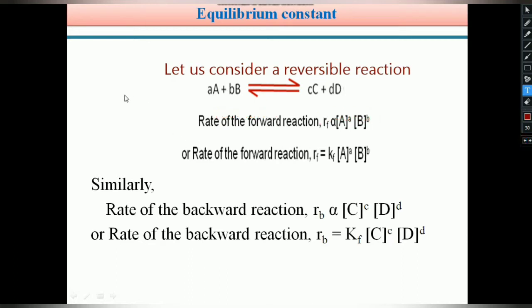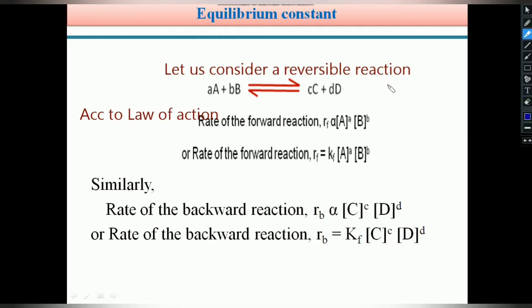Therefore, according to the law of mass action, the rate of the forward reaction, where A and B react together to form C and D, is denoted with small rf.